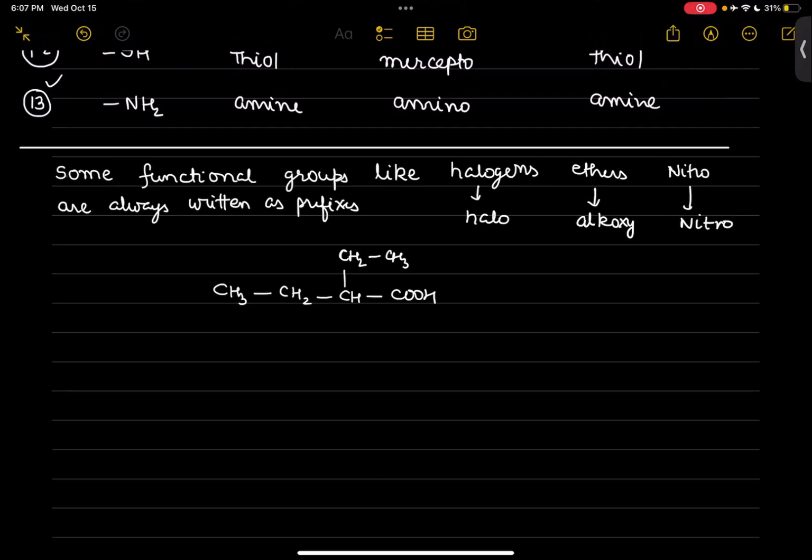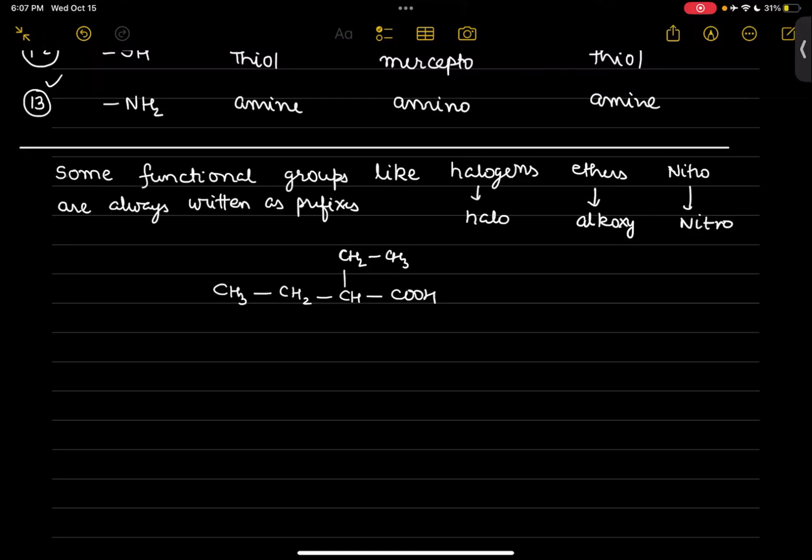Is it the same thing or different, the longest chain and the parent chain in this molecule? Many times it is the same, but other times it may not be. Today we can make out when it is the same and when it is not. Which is the longest chain and how many carbon atoms does it contain? The longest one has 5 carbon atoms.